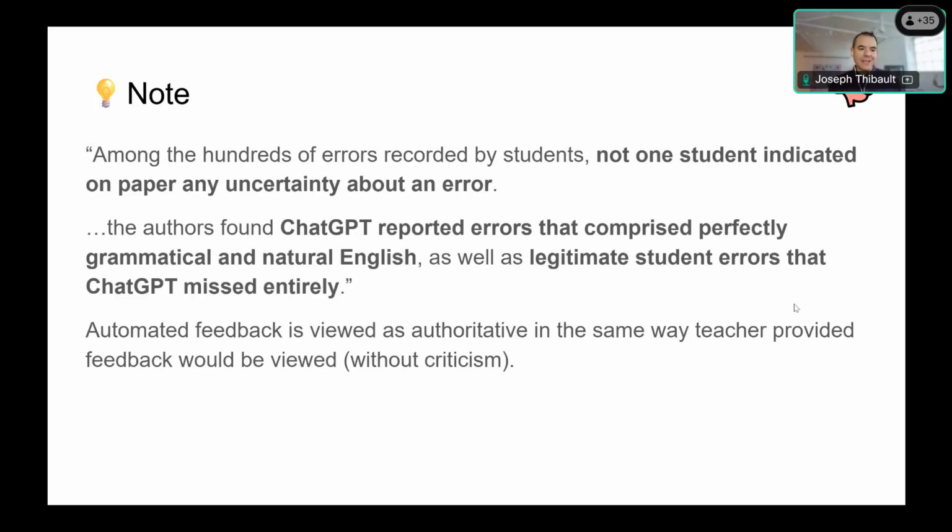But given that the hallucinations existed, and the level the students are at in school, the students did not know whether or how to be critical of the automated feedback. They took it without criticism because they believed that the system was authoritative. So there are risks here in how we position and message the feedback from AI to students, in the more formative or critical nature that we give it.